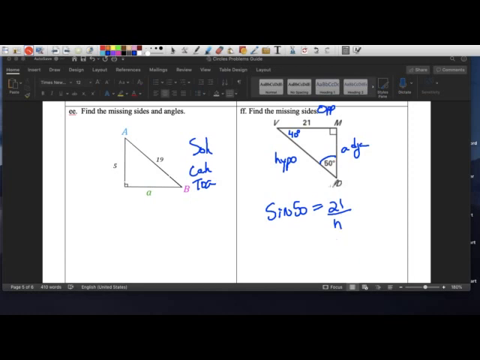So what we can do here is multiply this side by h, multiply this side by h. This goes away, that goes away. So now we have h times sine of 50 equals 21.